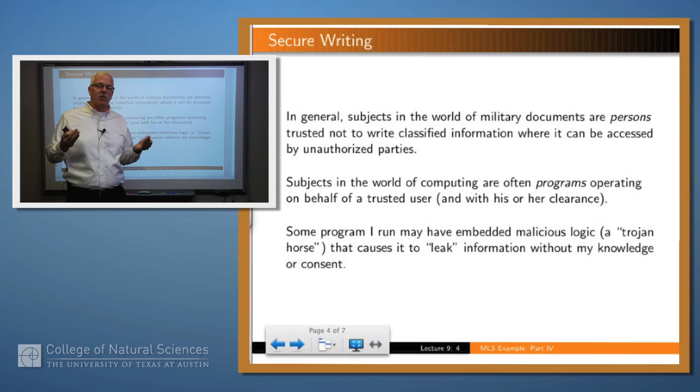They can contain what's called a Trojan horse or spyware, and they may take your confidential information, which you have access to legitimately, and write it down to an unclassified folder somewhere, or send it off on the internet to somebody who shouldn't be allowed to see it. So the difficulty is that even though we trust the person sitting in the chair, we don't trust all the programs running on their behalf which are executing with their privileges. And that's where we need to add an additional rule to constrain where that information flows.